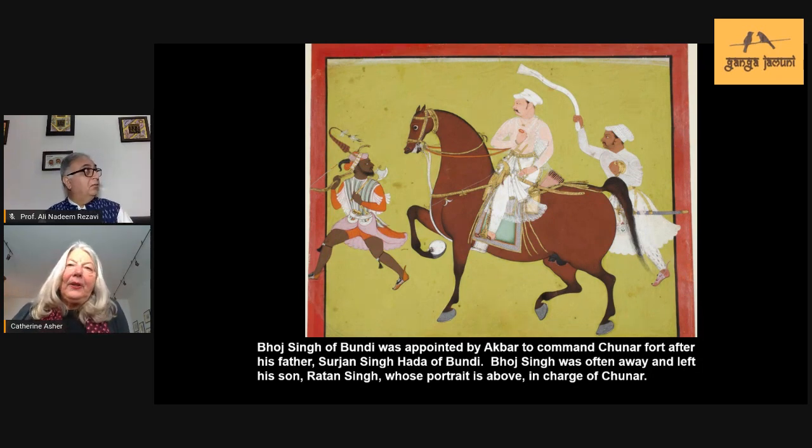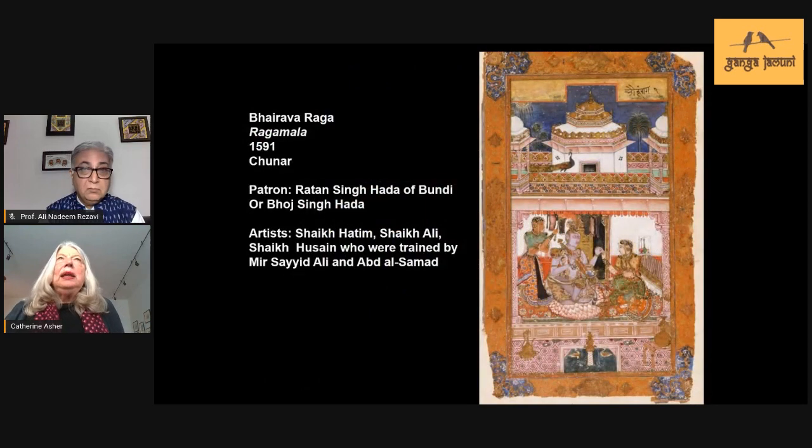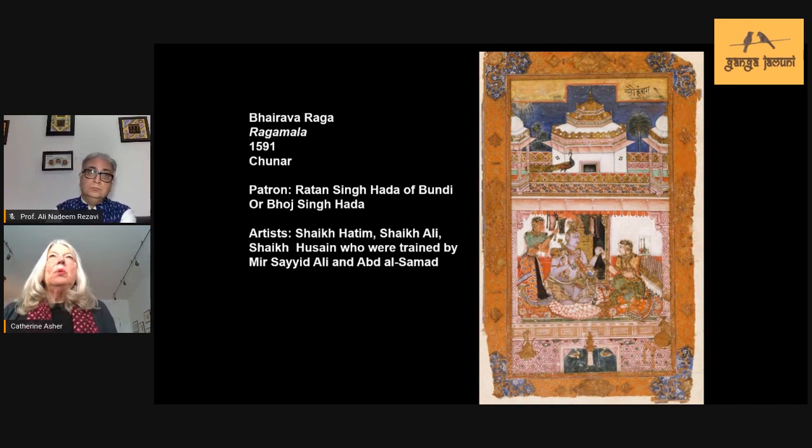Now, what's significant about this is that in 1591, we have another Ragamala that's produced, known famously as the Chunar Ragamala. Now, we know that the patron was either Ratan Singh or Bodh Singh, but definitely one of these two gentlemen from Bundi had commissioned this Ragamala.